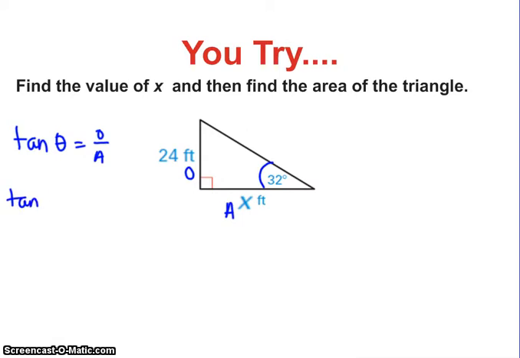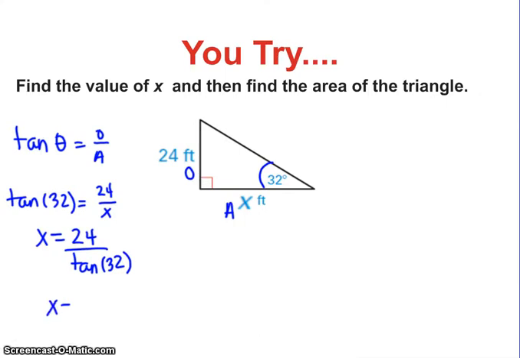So the tangent of 32 degrees is equal to 24 over x. When x is up high, you multiply. When x is down low, you divide. So since x is in the bottom of that fraction, I'm going to divide 24 by tangent of 32 rather than multiplying.